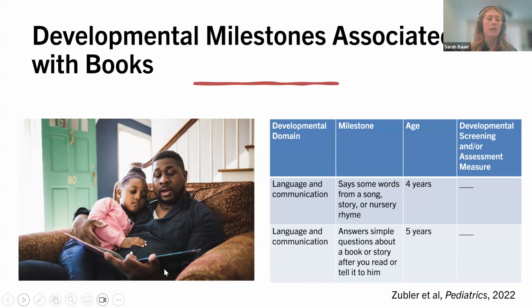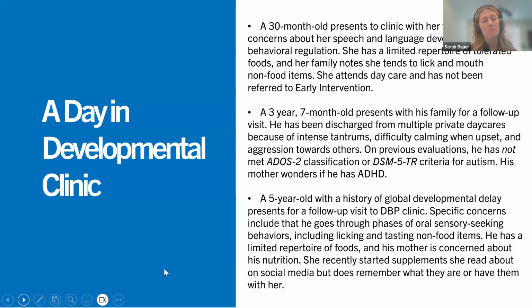It could be that it's hard to get their attention, it's hard to sustain their attention. And that gives us information back to what we were talking about. Reading a book together is an activity of joint attention that can give us information about what's going on. And after I hear that, I might dig a little deeper and find out about some of those sensory symptoms that might be challenging.